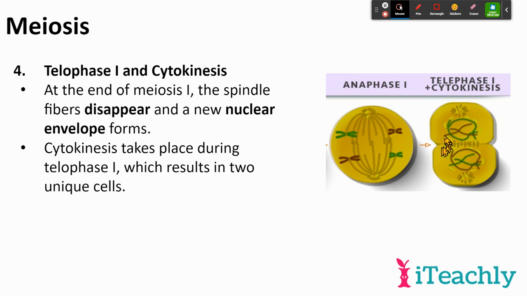And then this is when they separate. So right, at the end of meiosis 1, the spindle fiber disappears and a new nuclear envelope forms. Cytokinesis takes place during telophase 1, which results in 2 unique cells, right? So they do look different than the mother cell because you got one from your mom and you got one from your dad on each of these cells.